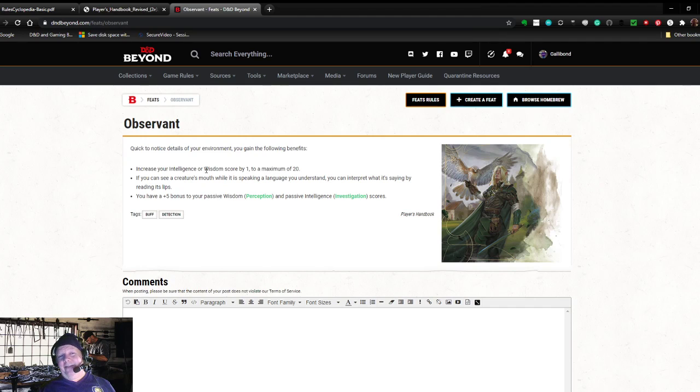And then obviously boosting your Intelligence or Wisdom score by 1 is great, because if you're sitting on an odd number and you boost it up, then you get an extra +1 bonus on everything that depends on that particular ability score. So it's a very powerful feat in 5th edition.